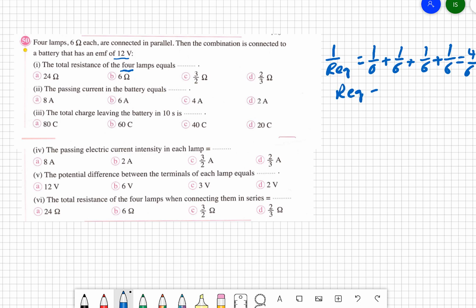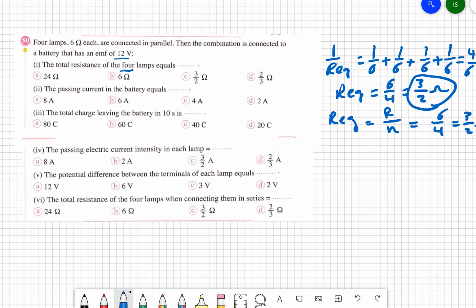So R equivalent equals 6 over 4, which means 3 over 2 ohms. And you can use another way. R equivalent equals R over the number, so 6 over 4 means 3 over 2, same answer guys. So the answer is letter C.